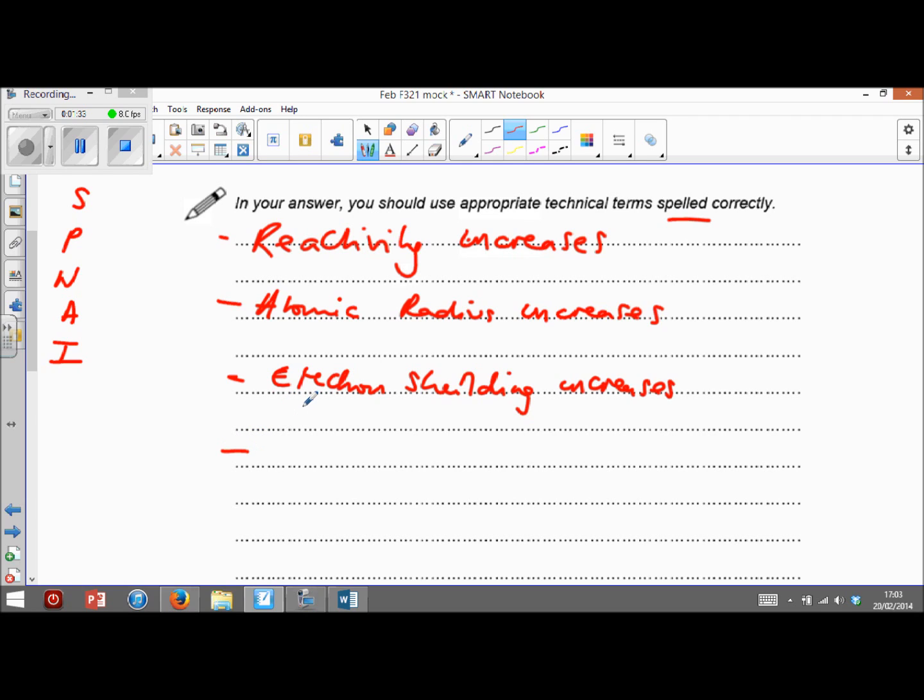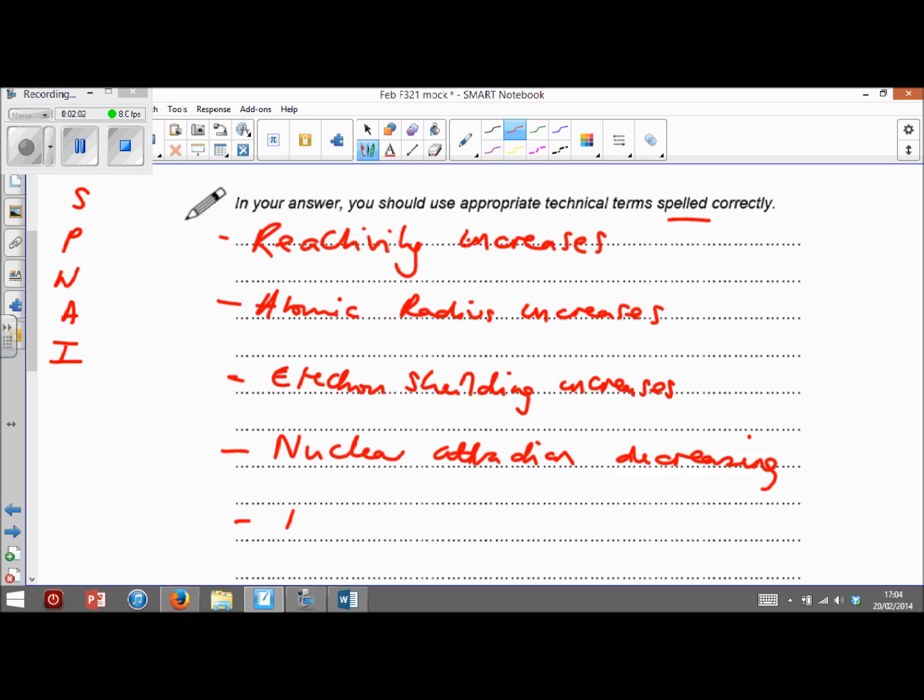Okay, we're talking about electron shielding increases, and because of this, those outer shell electrons are further away from that nucleus. Even though the proton number is increasing, it doesn't matter. So the nuclear attraction on the outer shell electron is decreasing.